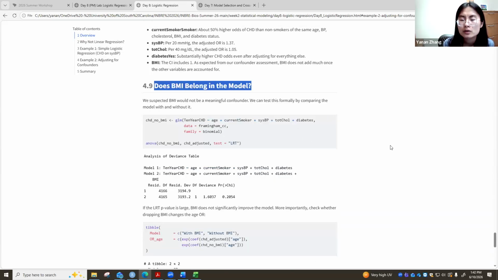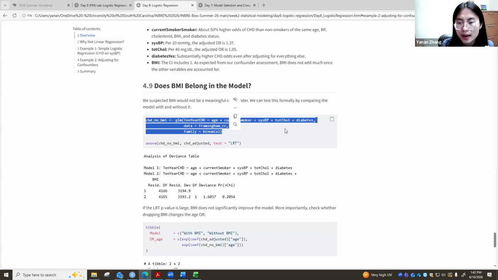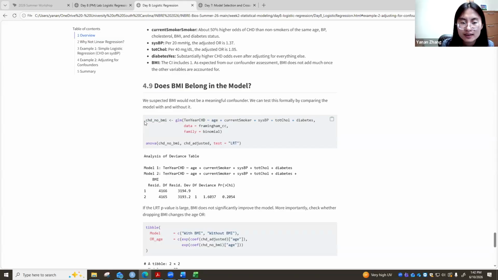Similar to yesterday when we compared different models, here we can compare a model with BMI and a model without BMI, and see which one is better or how much difference there is. So here we fit another model by removing BMI, and we save it as chronic heart disease no BMI. Now we use the ANOVA function to compare the model without BMI and the model with BMI.